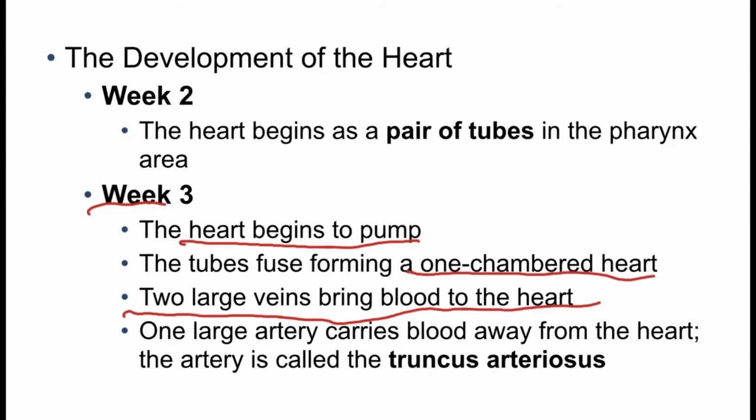And you got to remember the fetal circulation, you got the fetal heart now. So the blood coming in is coming from the mother, and that's oxygenated. Blood going out from the fetus is coming from the fetus back out towards the mother. That's deoxygenated. Okay. So you have 1 large artery and 2 veins. Your umbilical artery and 2 umbilical veins. The large artery carries blood away from the heart, and this is called the truncus arteriosus.